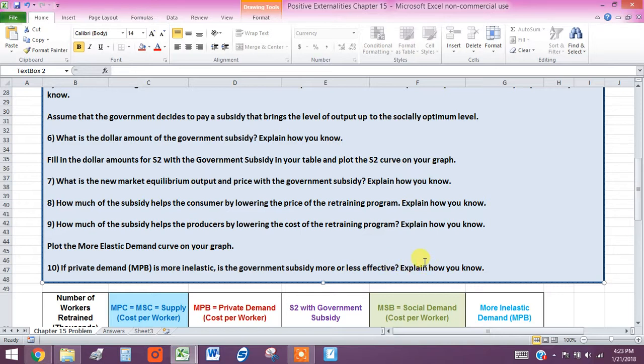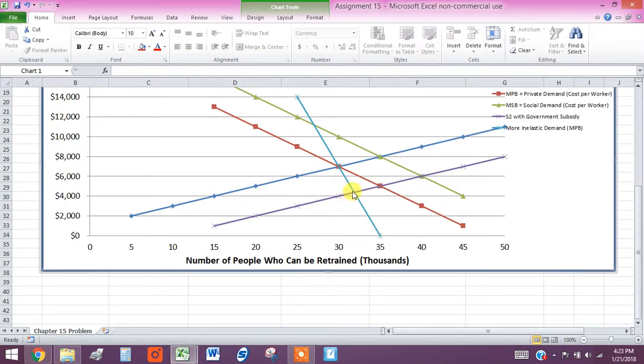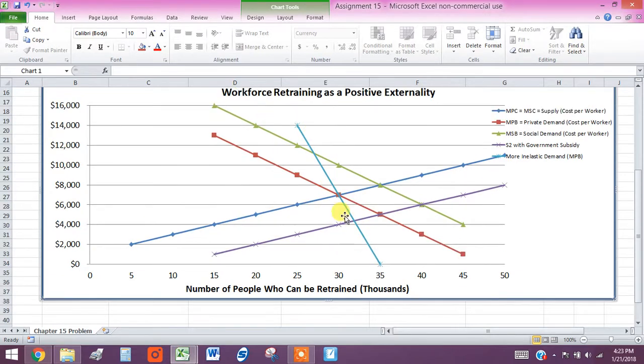Explain how you know. Well, if we look at the result right here, we can see that even with the subsidy, if this is the demand, we'd have a slightly lower price from here, but our output would be far below the socially optimum. So if the demand curve is very inelastic, then the government subsidy of $3,000 would be far less effective.